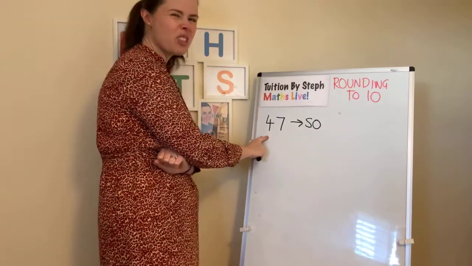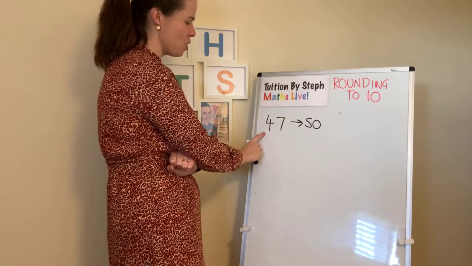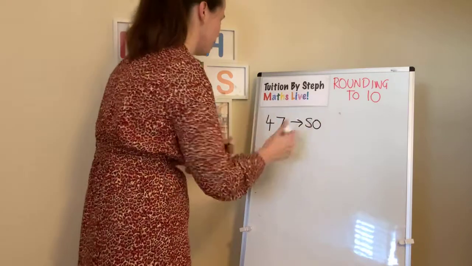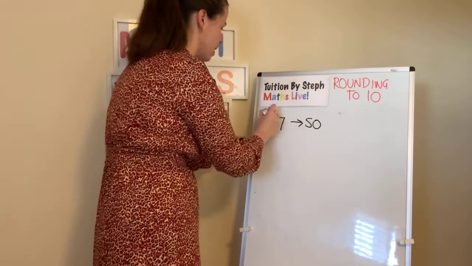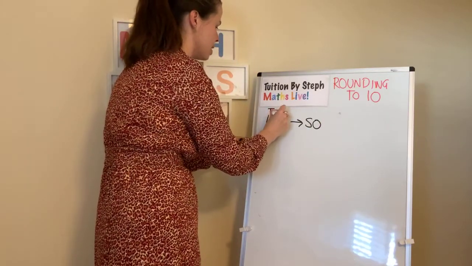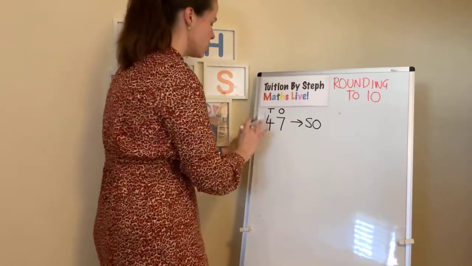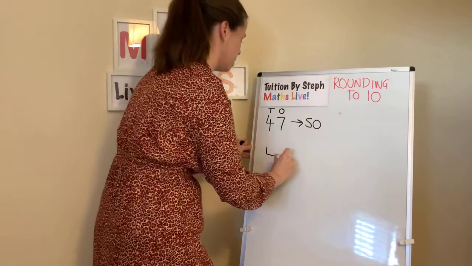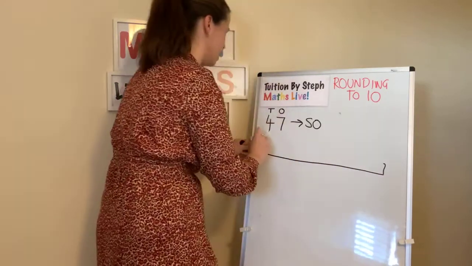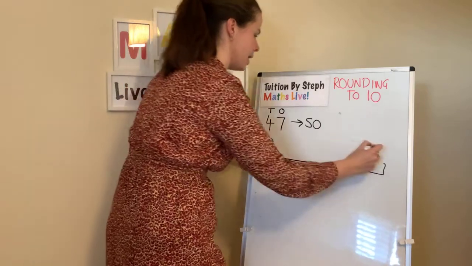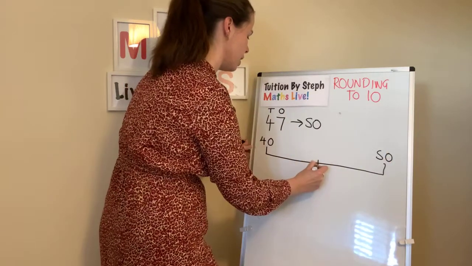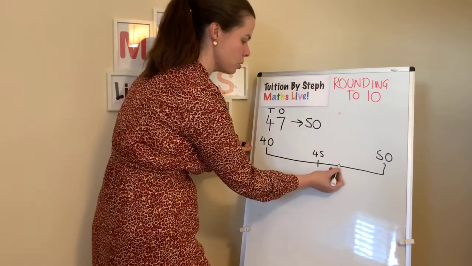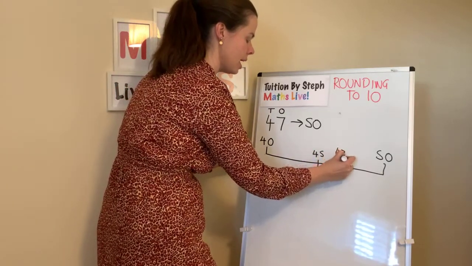Because I'm in the 40s here. So how come when I'm rounding it, I've gone up into the 50s? This is why. 47. Can you see we've got 4 tens and 7 units. So if we place the number 47 on a number line, okay, so here's 40, here's 50, here's 45, so midway in between. 47 would be approximately here.